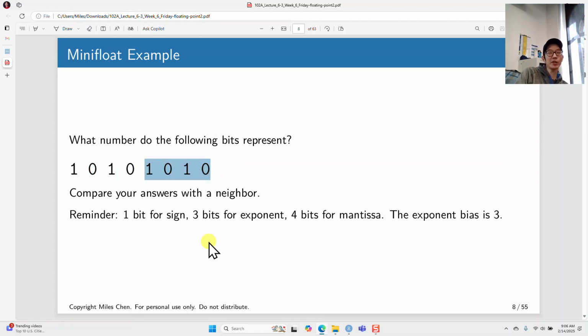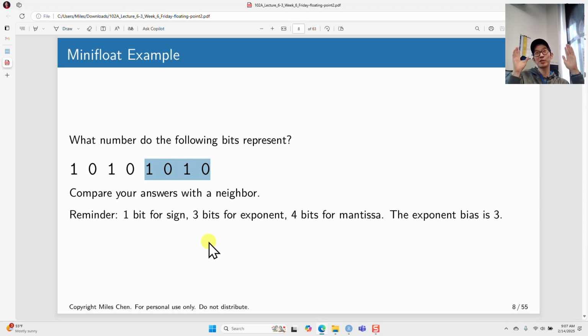My mantissa bits are 1, 0, 1, 0. So my leading digit is a 1, then 0.1010. So I've got 1 plus 0.1, so 1/2, no quarters, plus 1/8. So I've got 1 plus 1/2 plus 1/8. What is that? 1 5/8.